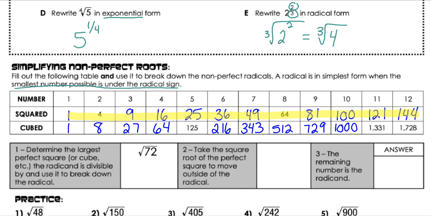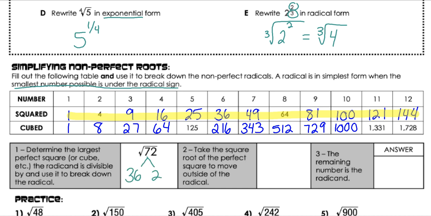So I know that 9 goes into it, but let's see if there's a bigger number. So 16 into 72. 25 into 72 does not go evenly. 36 goes in. So the largest perfect square that divides into 72 is 36.